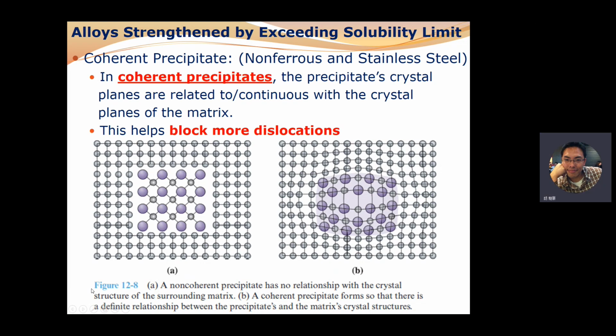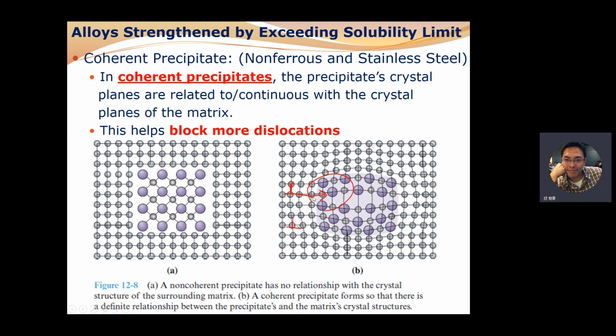So let's look at the coherent precipitate first. Because the crystal planes are continuous with the crystal matrix, when we have, for example, a dislocation here or here, it will move to here. Oh, it will stop, right? Because this lattice is distorted.